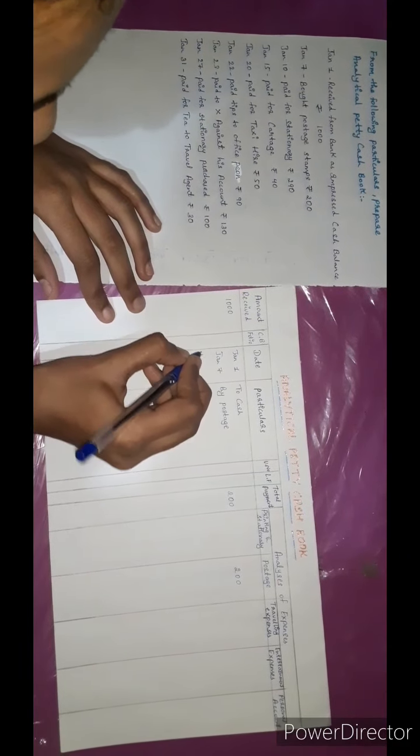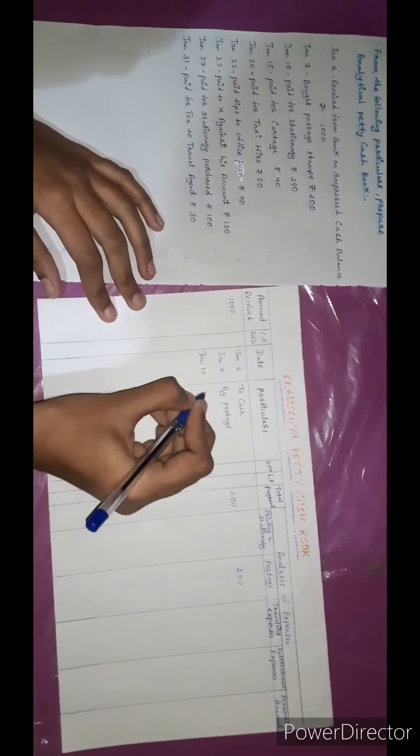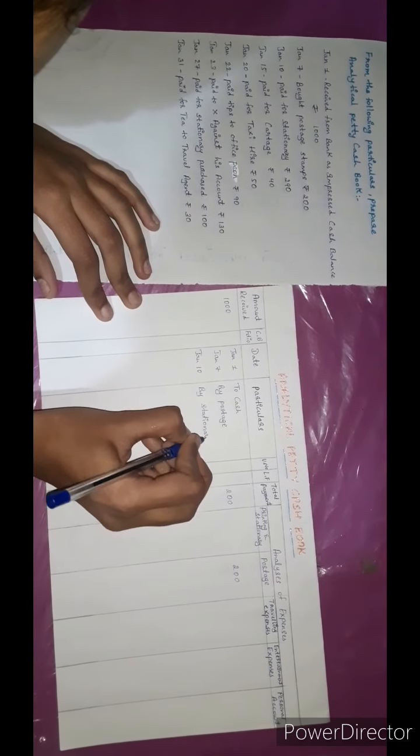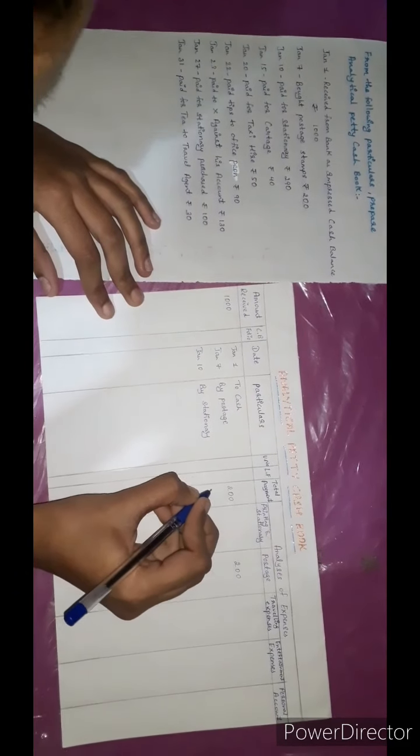And the next one is Jan 10th paid for stationery ₹290. So we are making payment for stationery. So the date is Jan 10th by stationery, and the amount is 290, and in stationery column also it is 290.